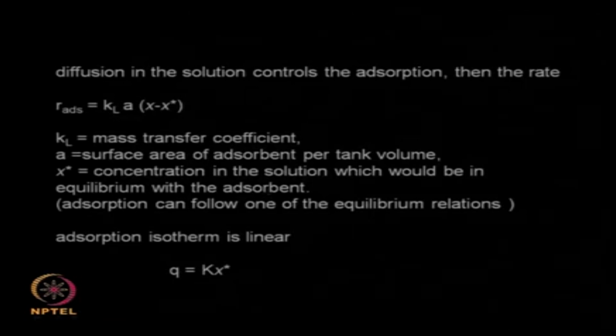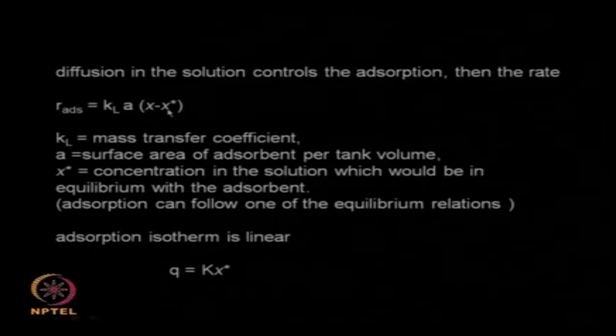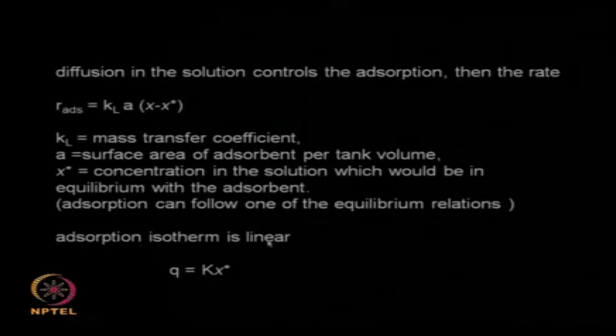This is nothing but the adsorption isotherm. So x star and Q will have a mathematical relation. It can be a linear relation, that is a linear isotherm, it could be a Freundlich type of relation, or it could be a Langmuir relation. We will take a linear case. So if we take a linear adsorption isotherm, then Q will be equal to K x star.